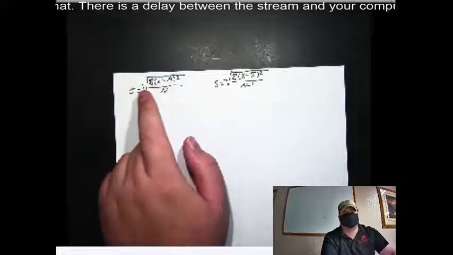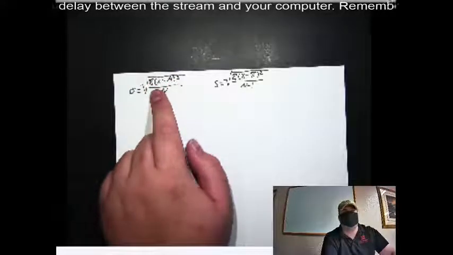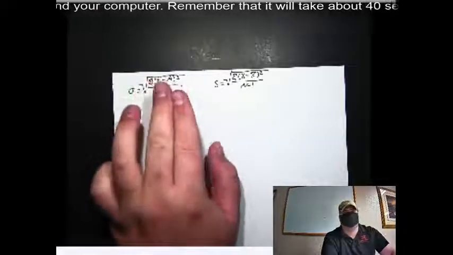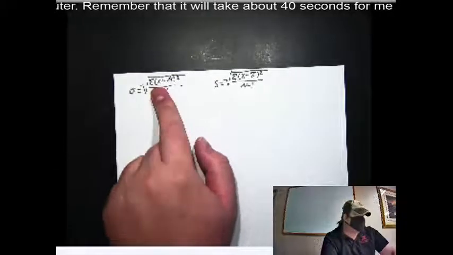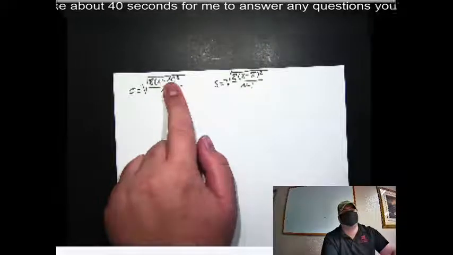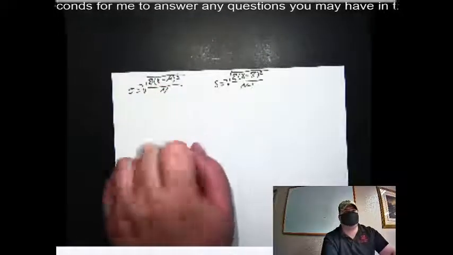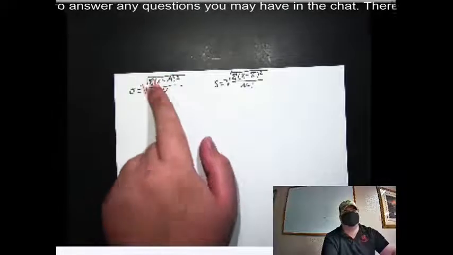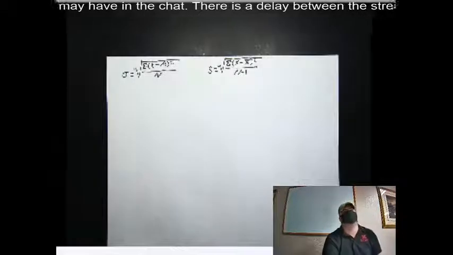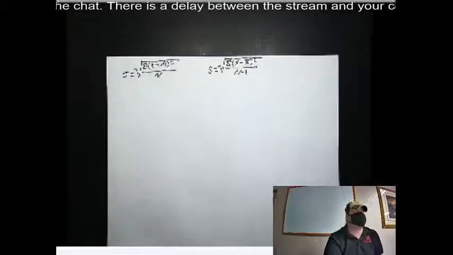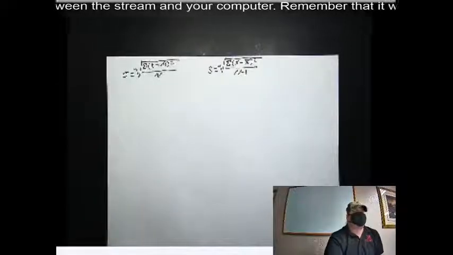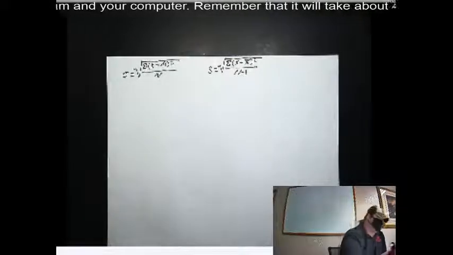Negative 2 squared is negative 2 times negative 2, and negative times a negative makes a positive. So no matter what, even if we do get negative values from our x minus mean, that square makes them positive. And then after that, there's nothing else in this formula that could possibly give us a negative. So standard deviations will always come out to be positive, and that's something you should remember when you're doing your calculations. If you get a negative number out for your standard deviation, something's wrong. You need to go back and look at what you did.